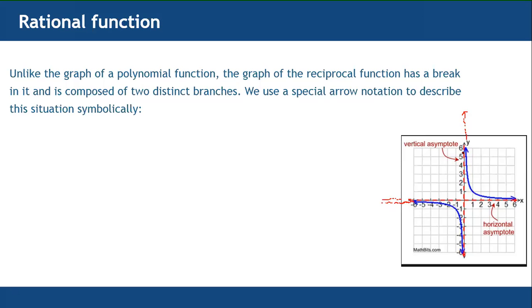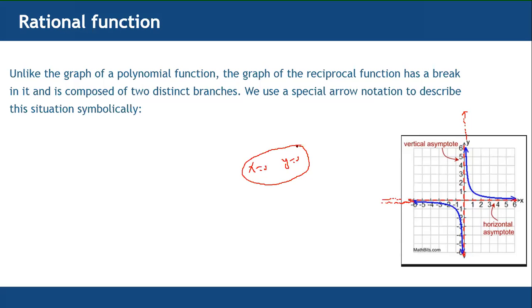These two axes, y-axis and x-axis, are x equal to 0 and y equal to 0. These values are not possible. When you give these values, the function will be undefined, so it will never touch the x value and y value.